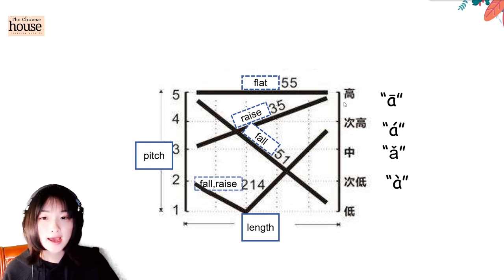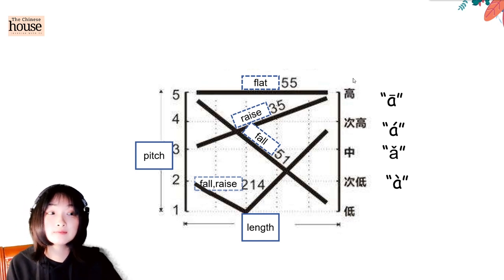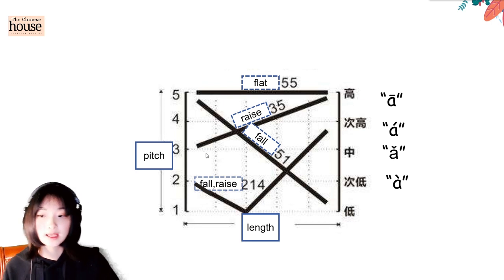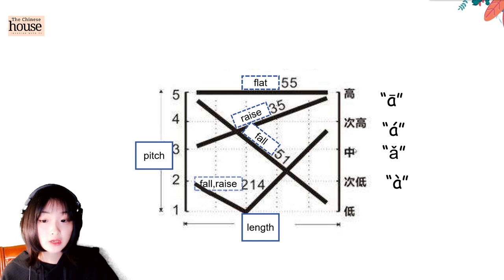The highest pitch in this formula is 5, so it stays at 5. And then the second tone rises from 3, which is the middle, to 5, the highest point.